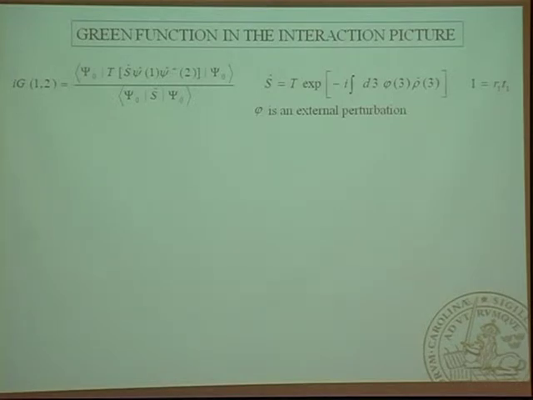So we start from the Green's functions in this interaction picture. Let me explain what this means. Psi 0 is the exact ground state without the perturbation. The idea is to apply a perturbation phi to the system, and this perturbation is a tool. We don't actually apply this physically.